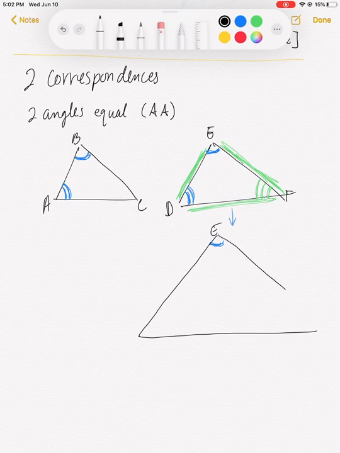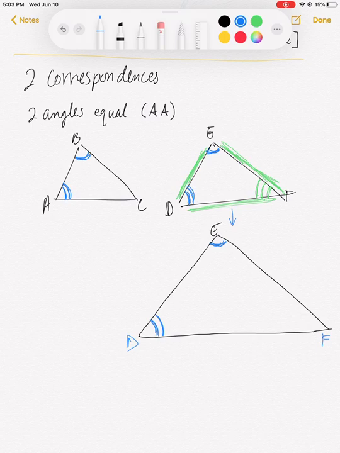D is the same angle. I'm just making everything else bigger. E is the same angle. It's not quite perfect, but we're going to pretend that those are the same. Notice that all of my sides got bigger. My angle F is still the same, but it's okay that the other sides got bigger.